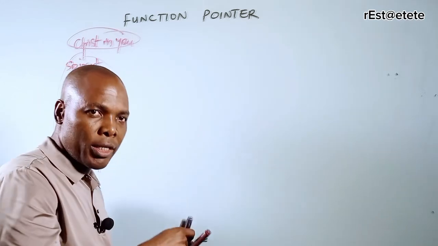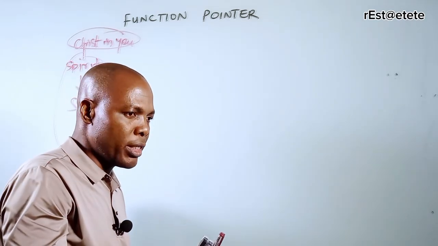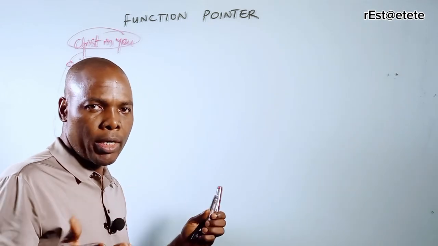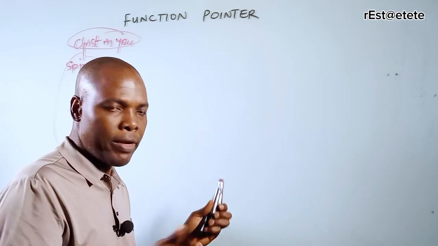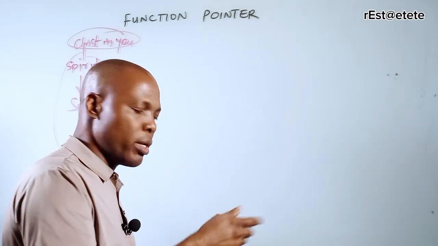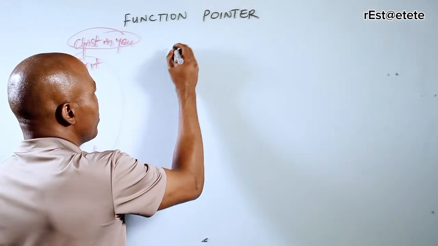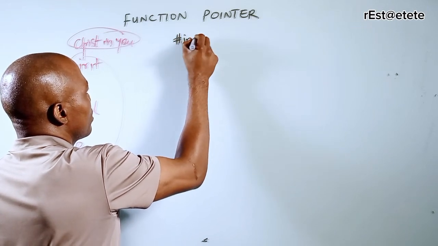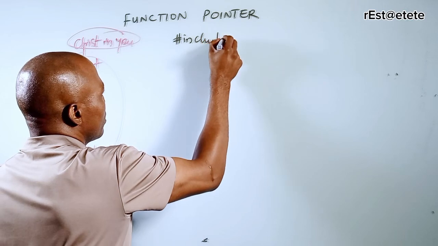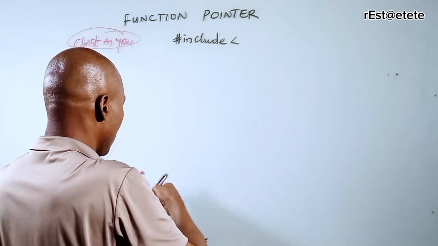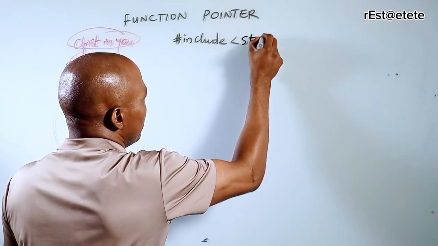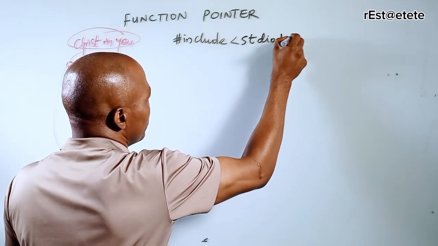So today I'm going to create a function, and I'll just create a function to add two values. So 5 plus 3 equals 8. Just a function that will add any two values, and then I will create a pointer to it. So the first thing I will do is include stdio.h, right?